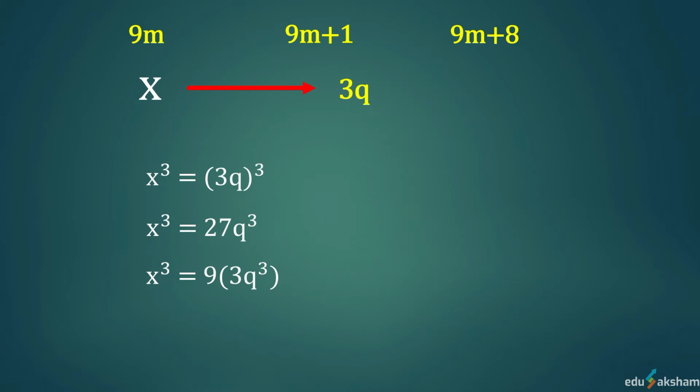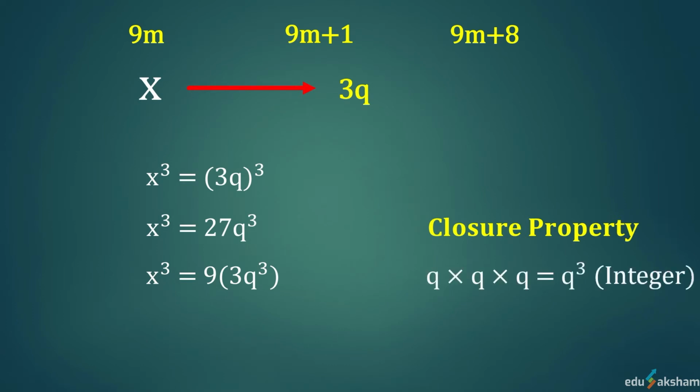Let's see. By the closure property of integers, if we multiply three integers, it will give an integer. So if we multiply q by itself 3 times, q cube will be an integer. Now we must multiply q cube, which is an integer, with another integer 3.